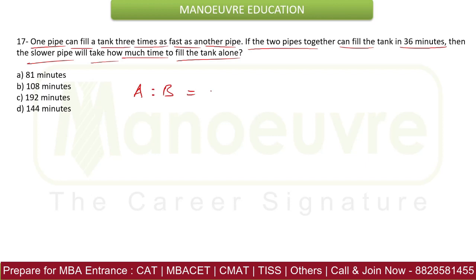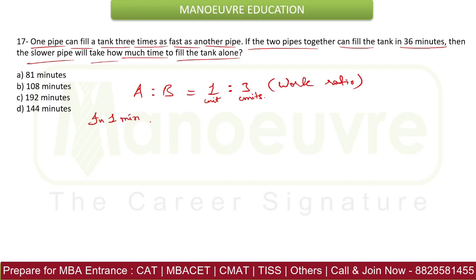One is 3 times faster as compared to the other, so 1:3 is the work ratio. Now say if A completes 1 unit, B completes 3 units in a particular amount of time, say in 1 minute.